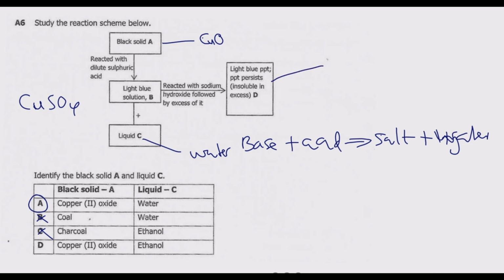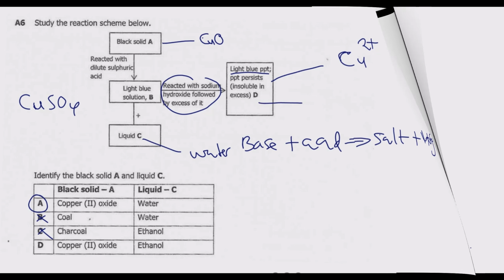So when testing for ions, you discover that copper ions will give this light blue precipitate once reacted with excess of sodium hydroxide. So basically this is what is happening. So these are copper ions.